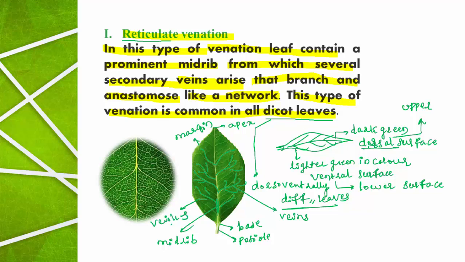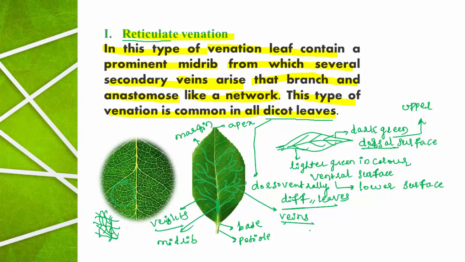Here you can see how these veins and veinlets have produced a network-like structure, similar to a small net having smaller holes. This network-like structure is produced due to the arrangement of veins and veinlets in the leaf lamina.